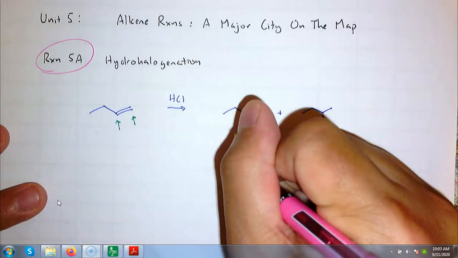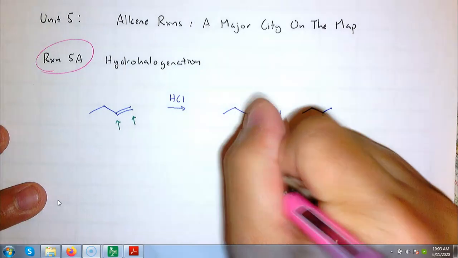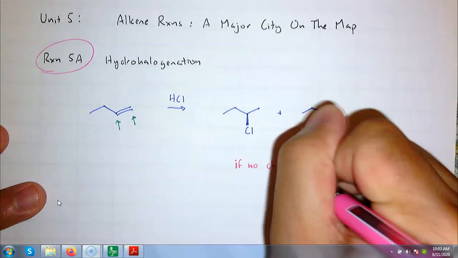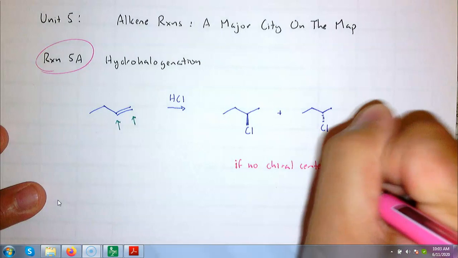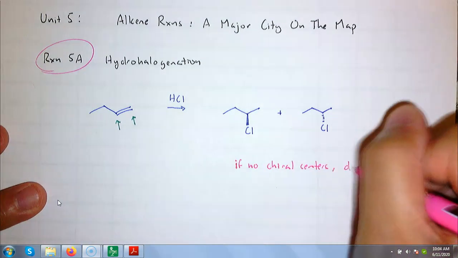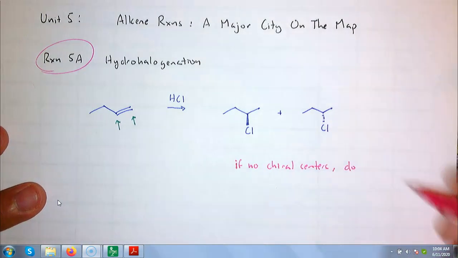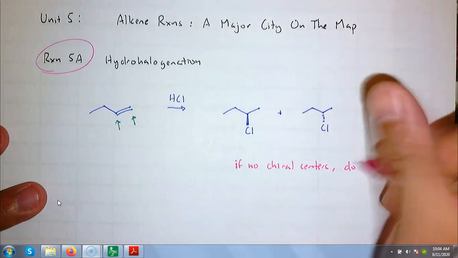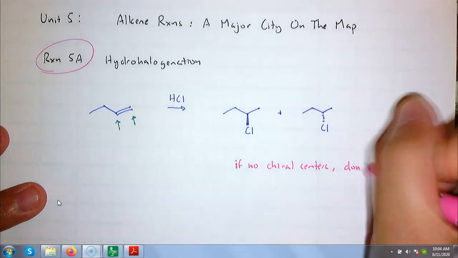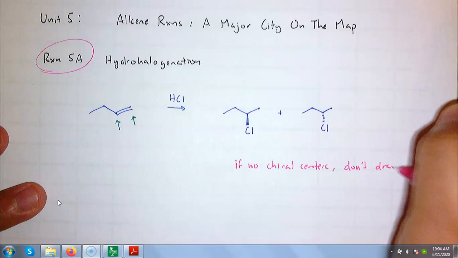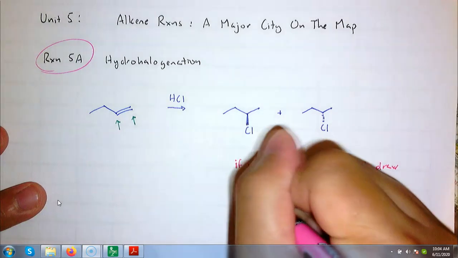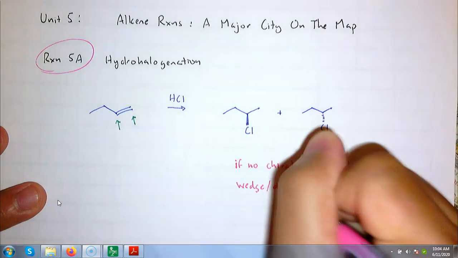So, if no chiral centers, under rare circumstances, you should never draw wedges and dashes. Okay.